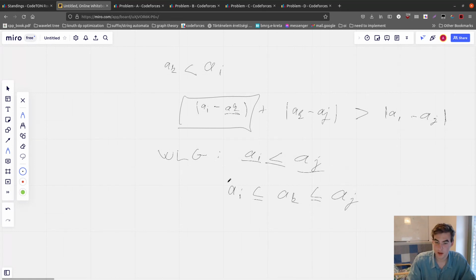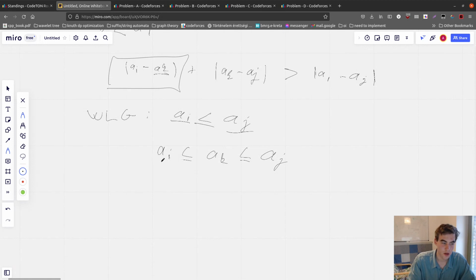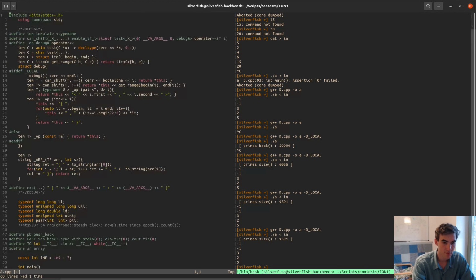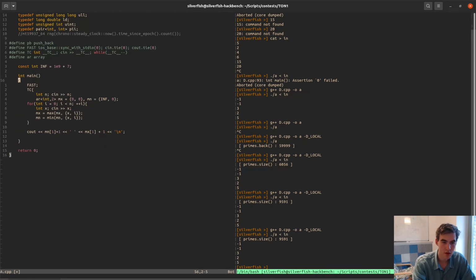This can be done quite easily by sorting the array. We have to watch out that we store the indices separately. I didn't actually sort the array, I just found the smallest and the largest element. So I can show my code for problem A. It's pretty easy.